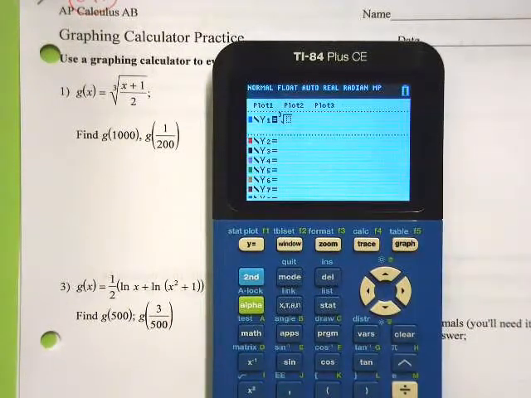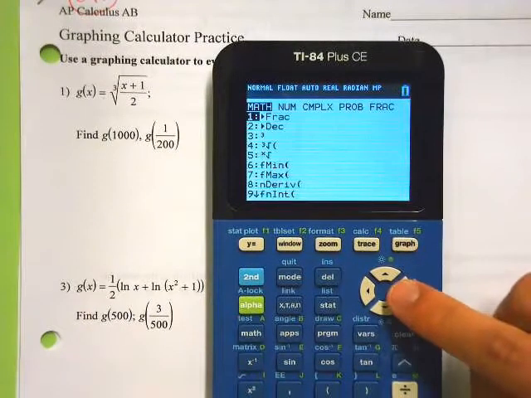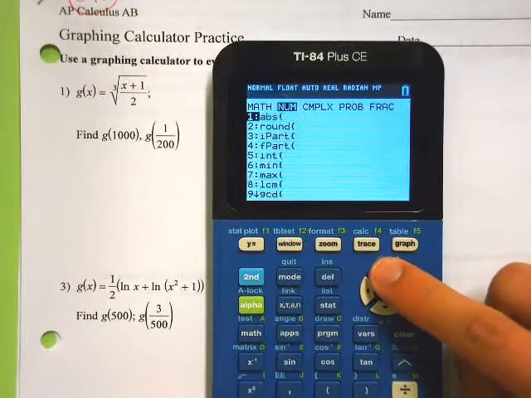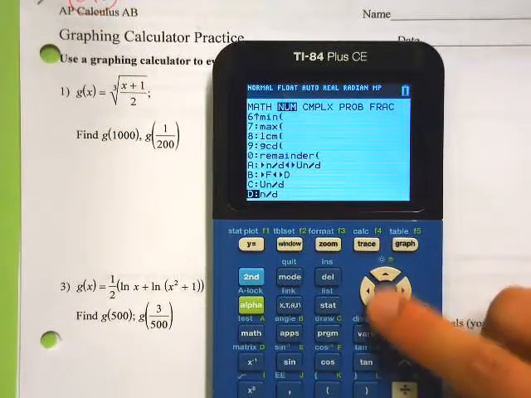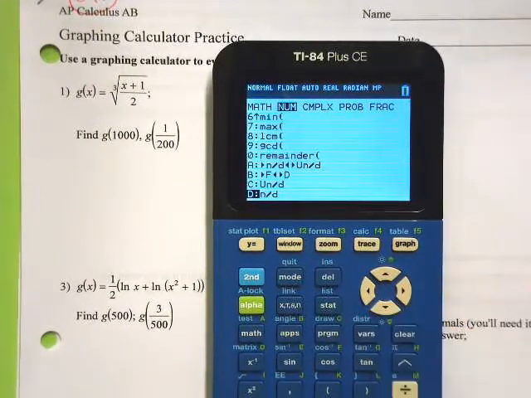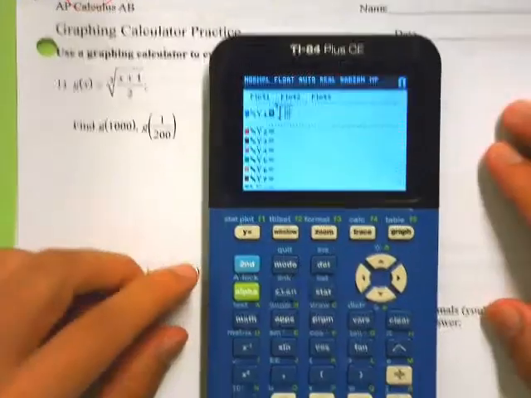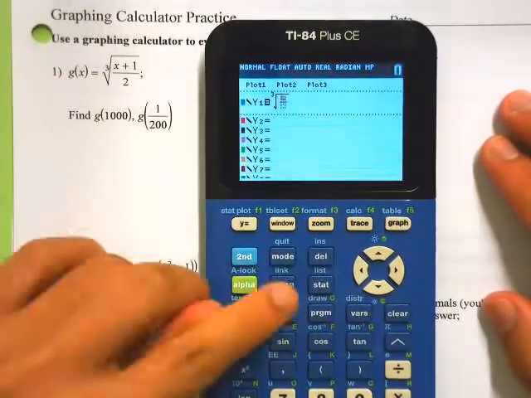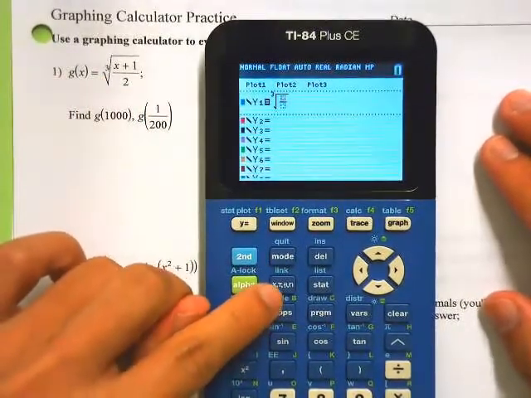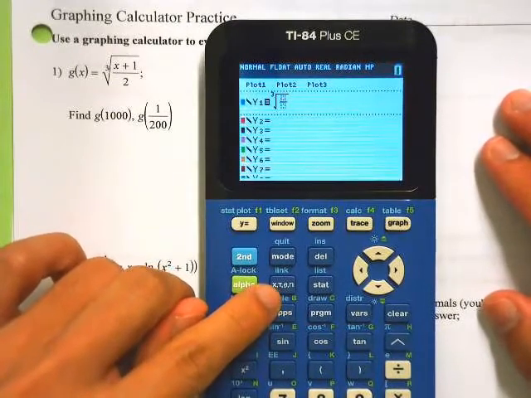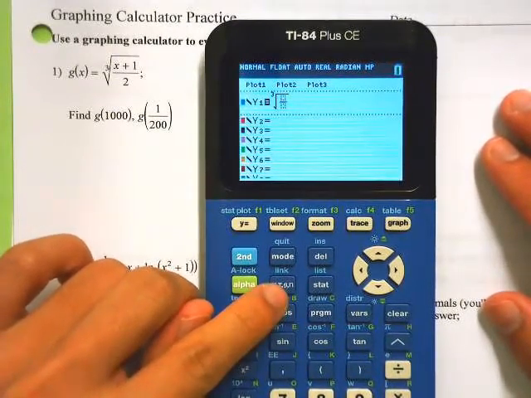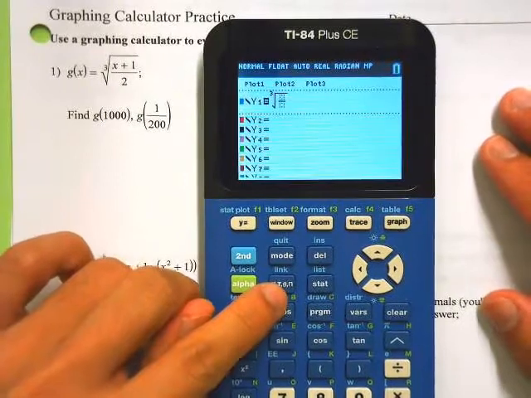To make this into a fraction, especially if you have the TI-84 Plus CE, you can go back to math, and in the number portion, scroll up, and you have numerator over denominator. That helps way more, so you don't have to put in parentheses. The x is on this row with the X,T,theta key.